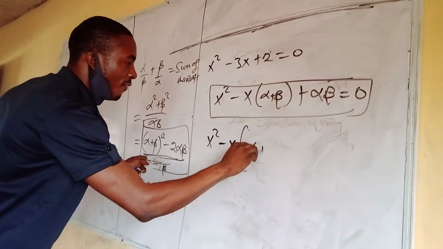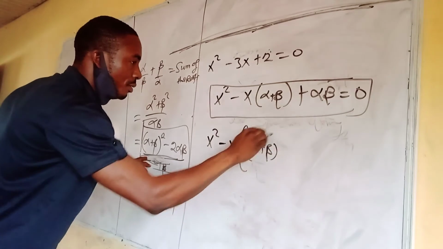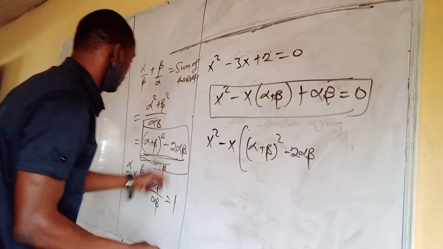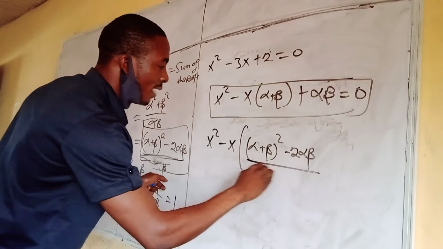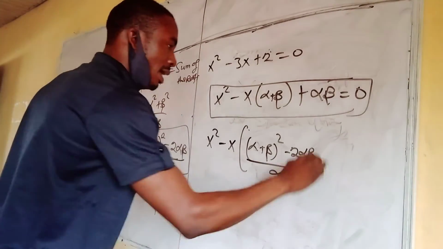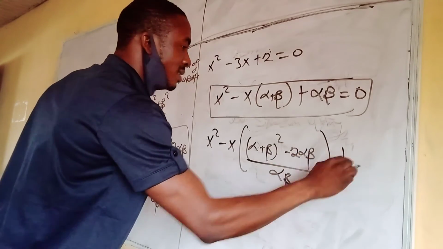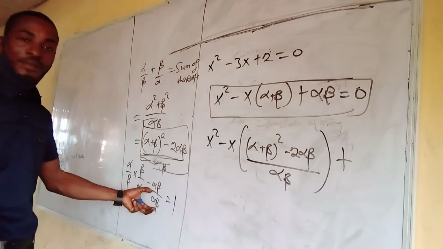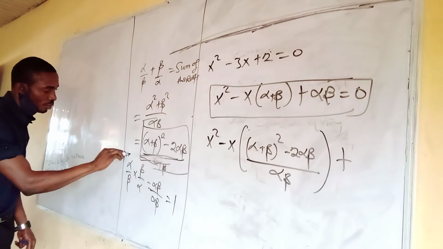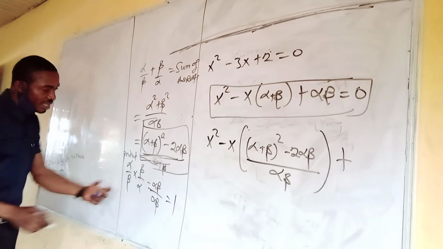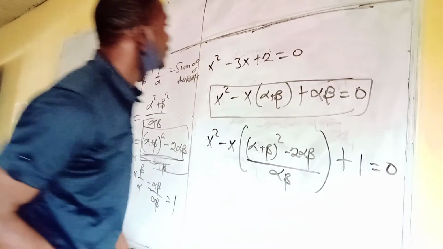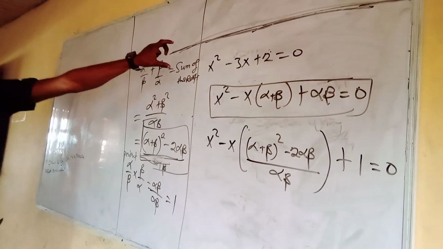That is, we are going to have here alpha plus beta all squared minus 2 alpha beta over alpha beta. Plus alpha beta. What is alpha beta here, which is the product of the roots? It gives me 1. That's plus 1 equal to 0.